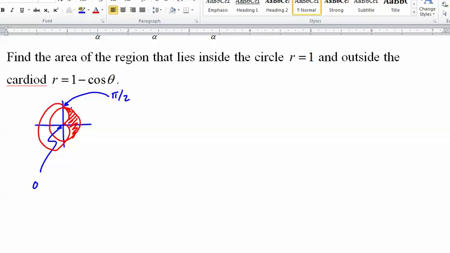I think it's the simplest, easiest way to do it. And again, I'm going to use symmetry. Area equals, you know what, let's show how it's done for the whole thing.